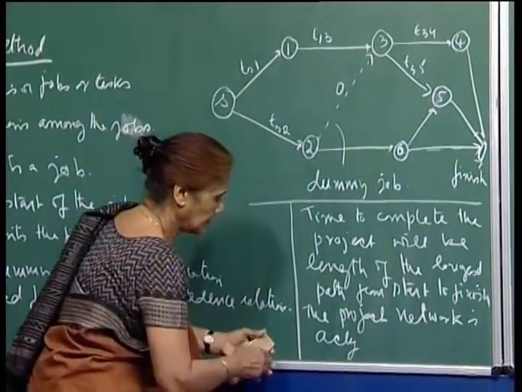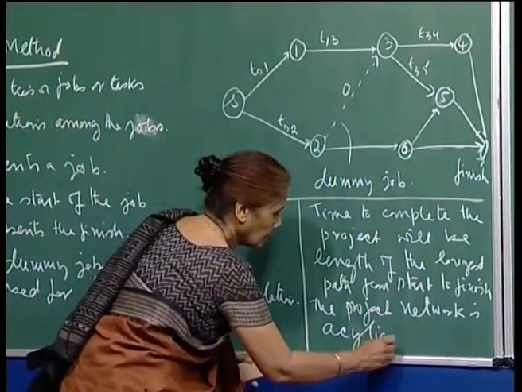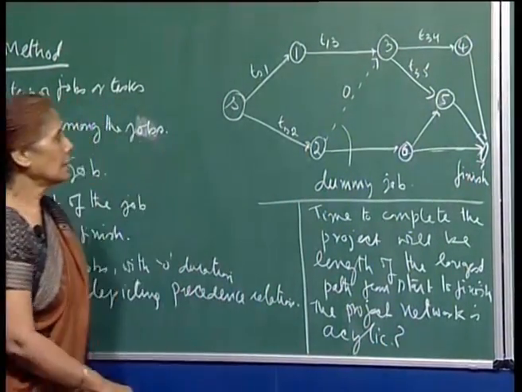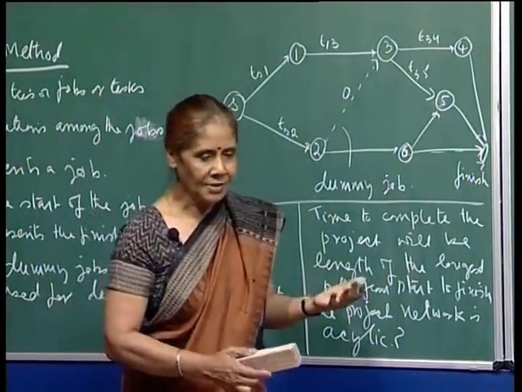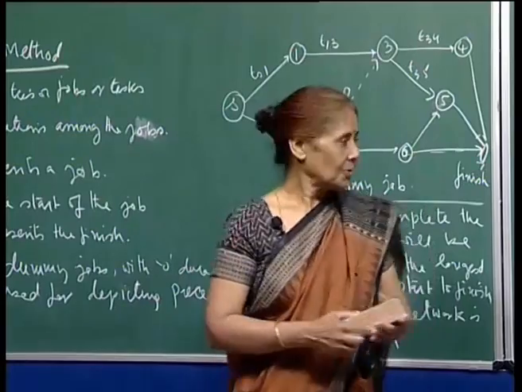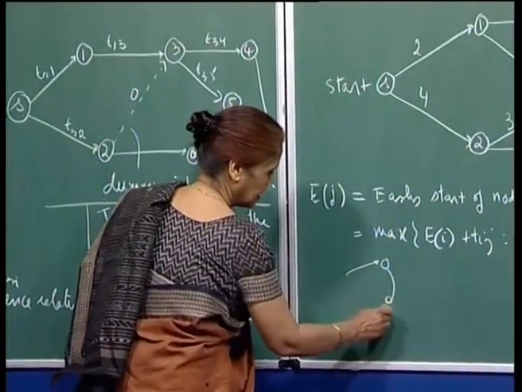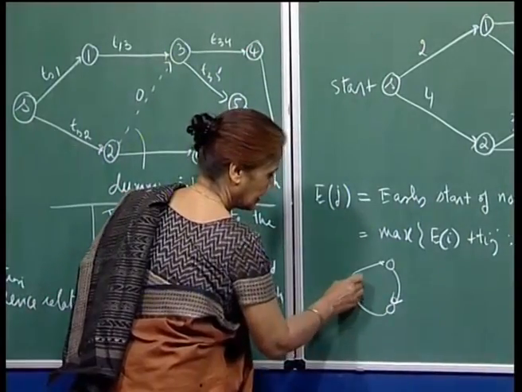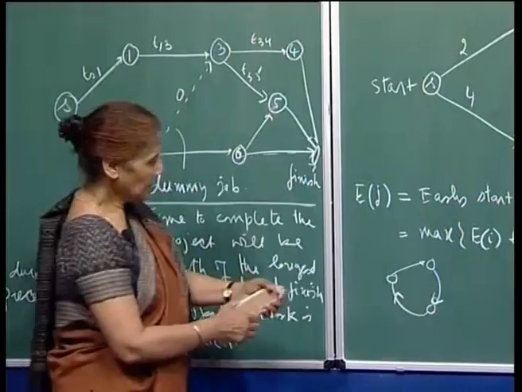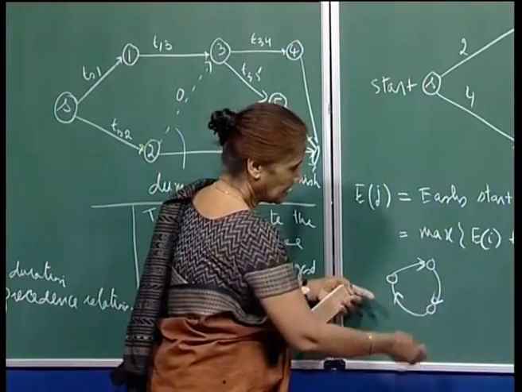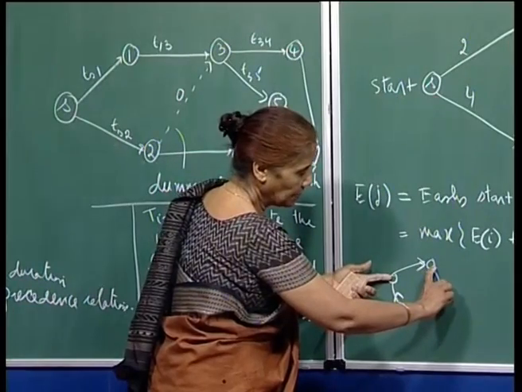Why is it acyclic? If it had cycles, that would mean your precedence relationships are faulty. If you had a cycle like this in your project network, it would say that this job must be completed before this job can be completed.